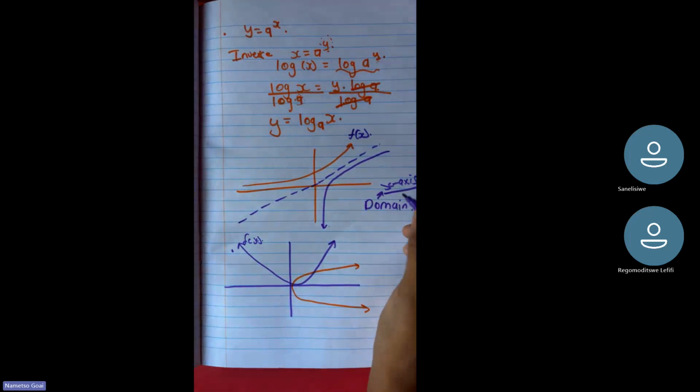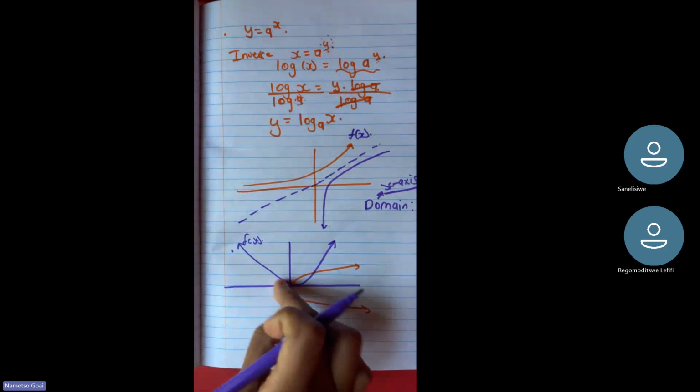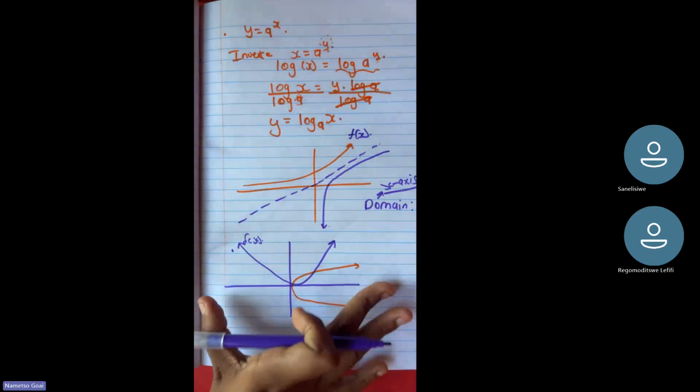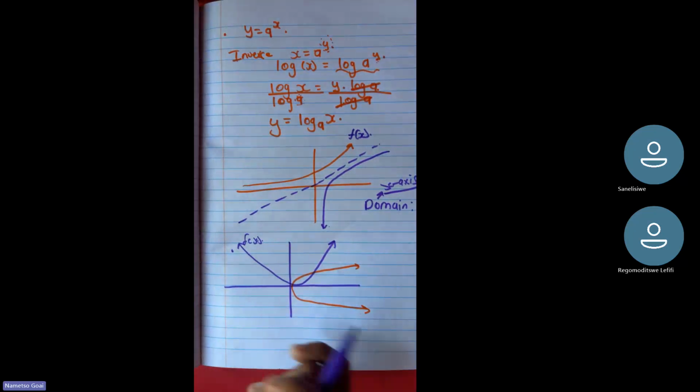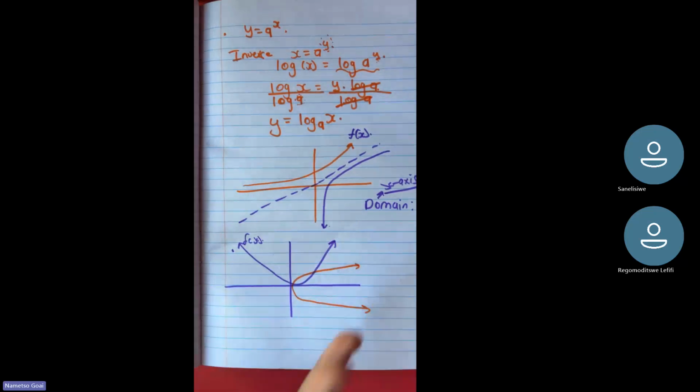The parabola can exist anywhere on the x-axis, and it's still going to exist.